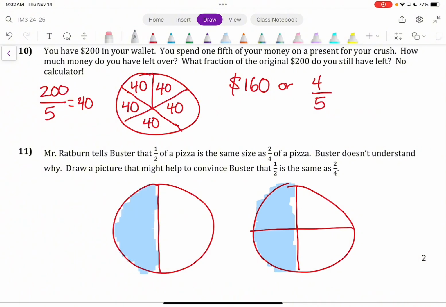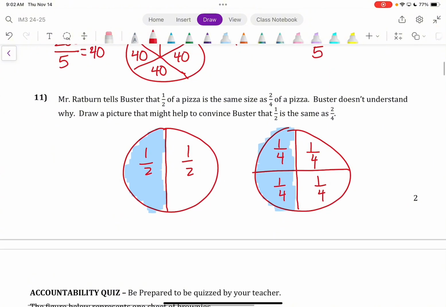So this one is split into halves. This is 1/2 and 1/2. This is 1/4, 1/4, 1/4, and 1/4. As you can see, the total amount of pizza is the same, which goes to show you that 1/2 is the same as 2/4.